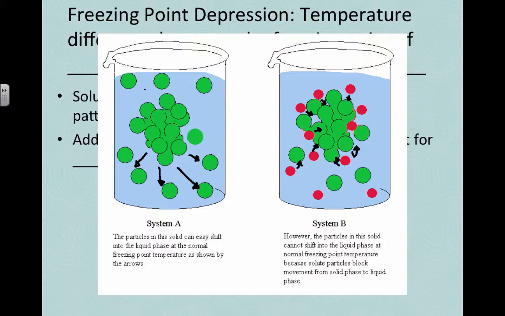But in System B, the red solute particles are getting in the way of new liquid phase molecules joining into the crystal so that the solvent can crystallize or freeze. So when the solute is blocking them, it disrupts the normal crystal pattern and more kinetic energy has to be lost. That means a lower temperature is required before the solvent will freeze.